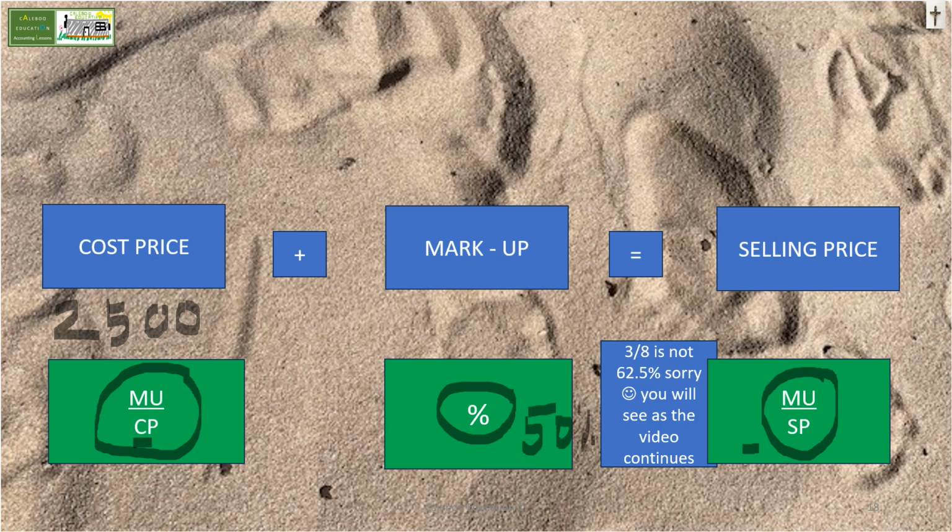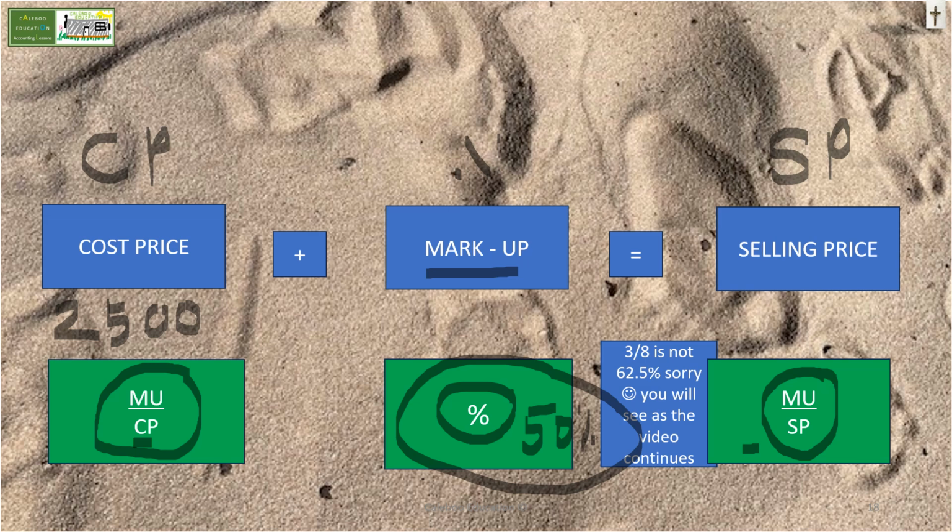They give you the selling price and you have to calculate the cost price. They can give you the cost price and you have to calculate the selling price using the percentage. But after every single sale, you can calculate the selling price, the cost price, the percentage, and the percentage markup is either a markup on cost price or a markup on selling price.